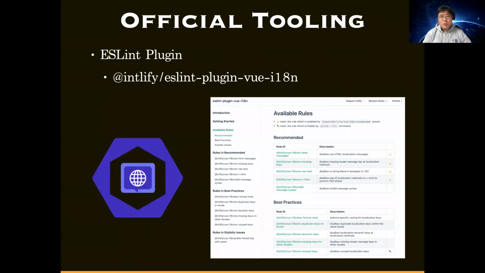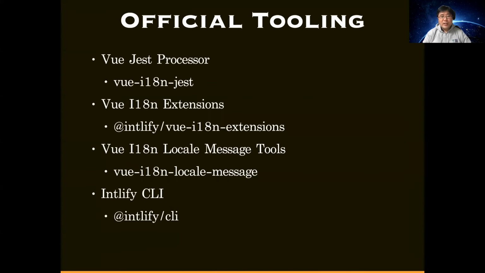Vue I18n also provides the ESLint plugin as an official tooling. By using this plugin, you can use I18n lint for your project. Vue I18n has other official tooling. Vue I18n Jest, a processor for Vue.js.